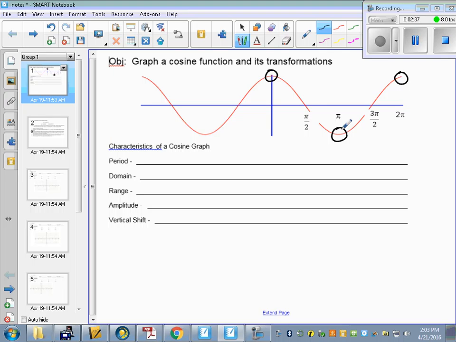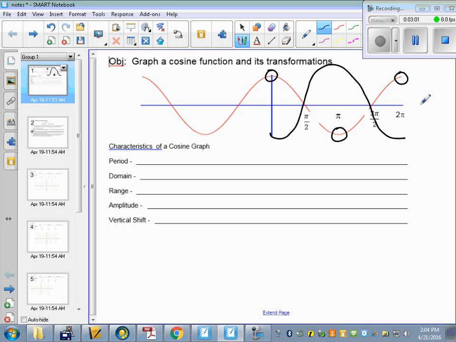It's at the minimum. Now, remember how sine sometimes started going up and sometimes it started going down. The same kind of thing happens with cosine. If our leading coefficient is negative, amplitude we still call it positive, but that would mean our graph would start at the minimum, go to the maximum, and end at the minimum.